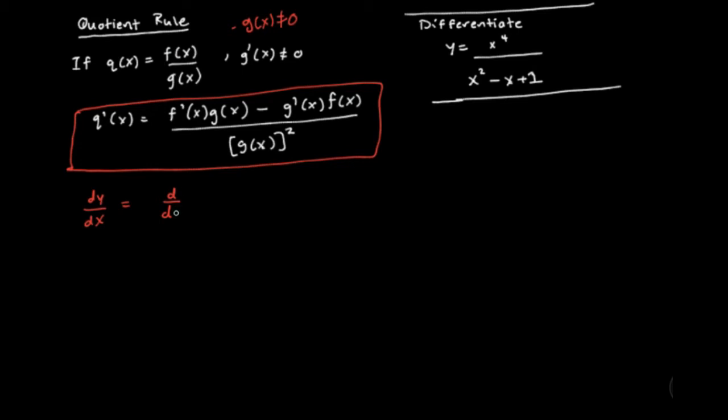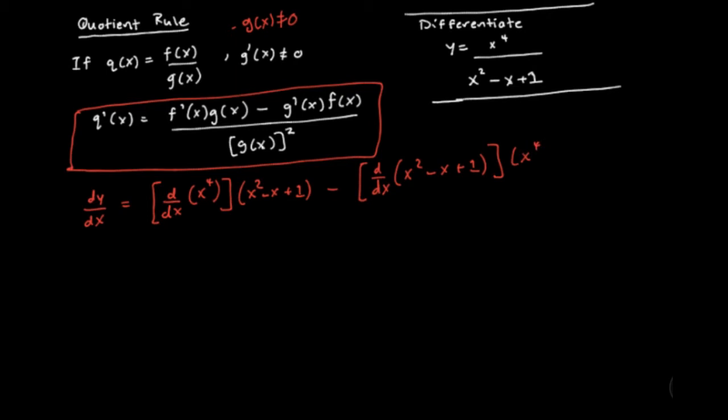So I'm doing the derivative of f of x, so f prime of x, so the derivative of the numerator, x to the power 4, times the denominator, x squared minus x plus 1, minus the derivative of the denominator, x squared minus x plus 1, times the numerator, x to the power 4, and divide all of this by x squared minus x plus 1 squared.